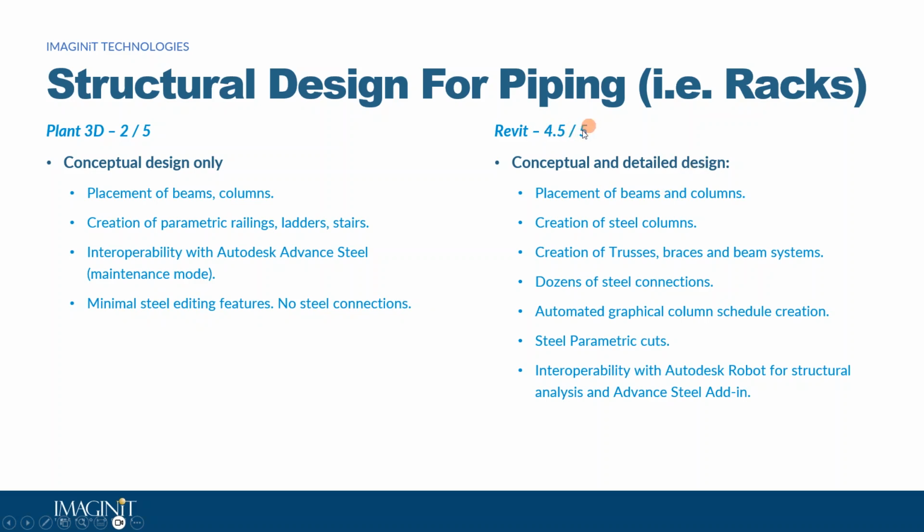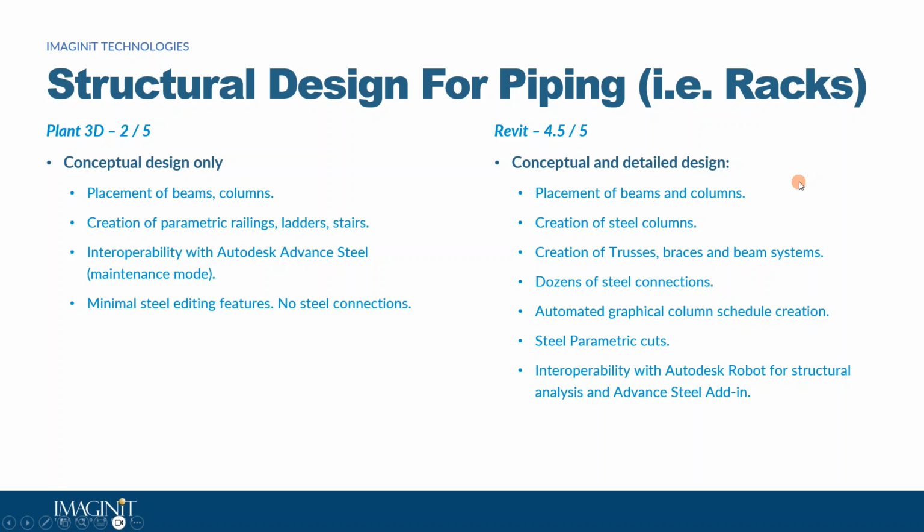In Revit, we gave it a 4.5 out of 5, conceptual and detailed design. So in Revit, you can do a lot more than in Plant 3D. Placement of beams and columns, creation of steel columns, trusses, braces, beam systems, dozens of steel connections. You can create an automated graphical column schedule.